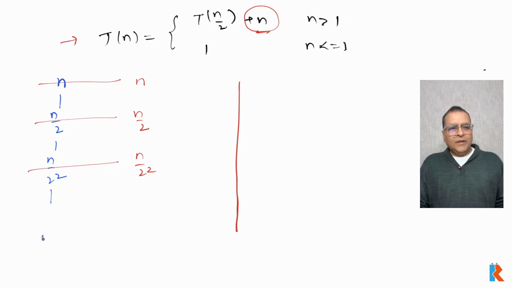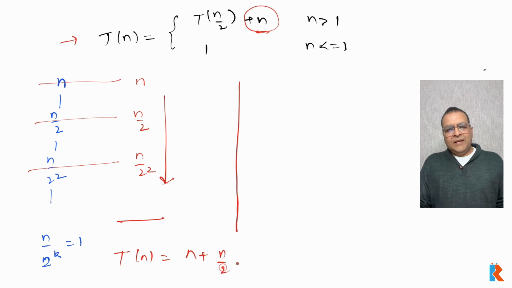And we'll keep on doing it until n/2^k becomes equal to 1. It means that we will be calling it log n times. Therefore, the total time taken by this function will be the sum of these numbers: n plus n/2 plus n/2² plus n/2³ plus n/2⁴ plus so on.